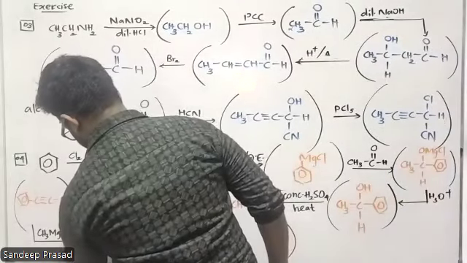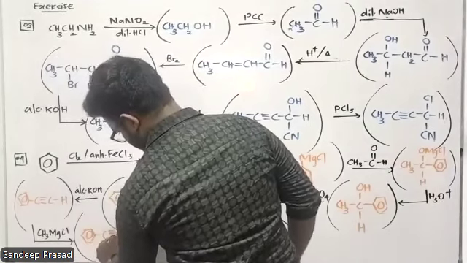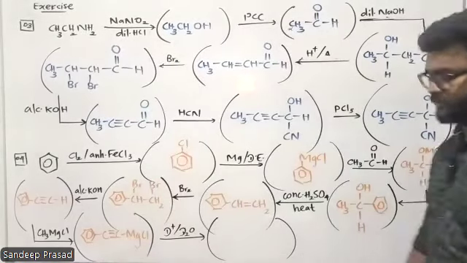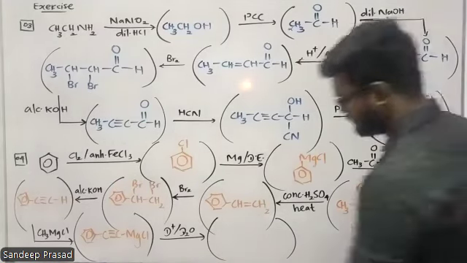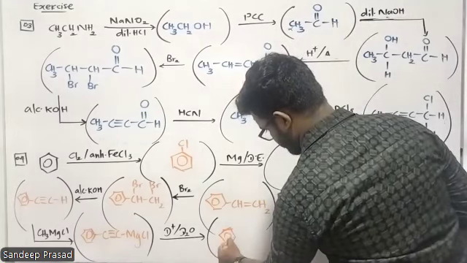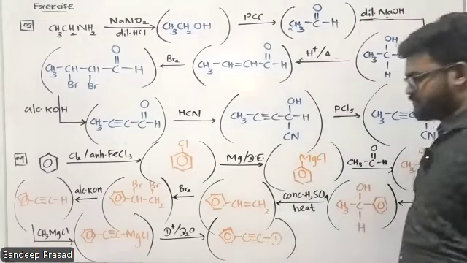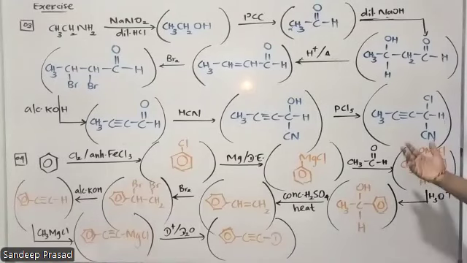So therefore, in this way. So after addition of D plus and D2O, what is the product? So this is the fourth.